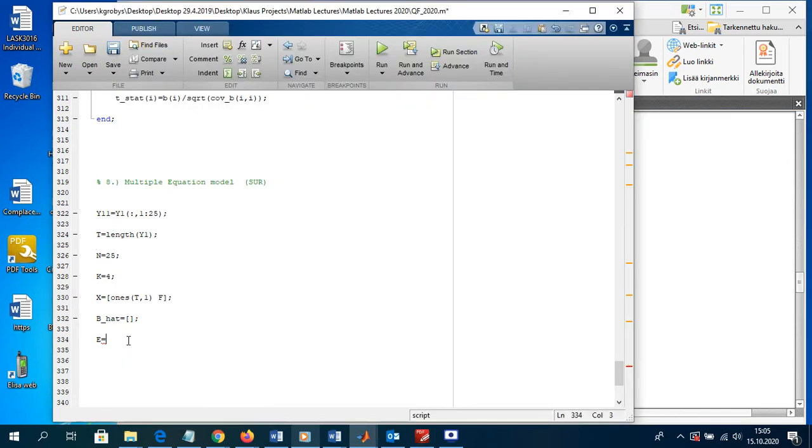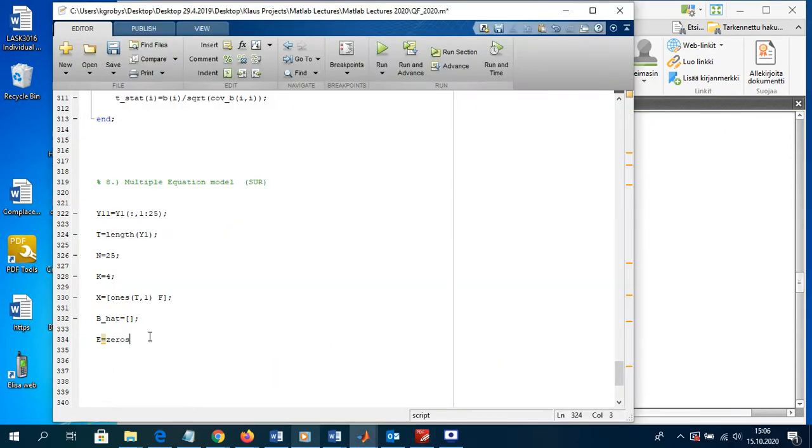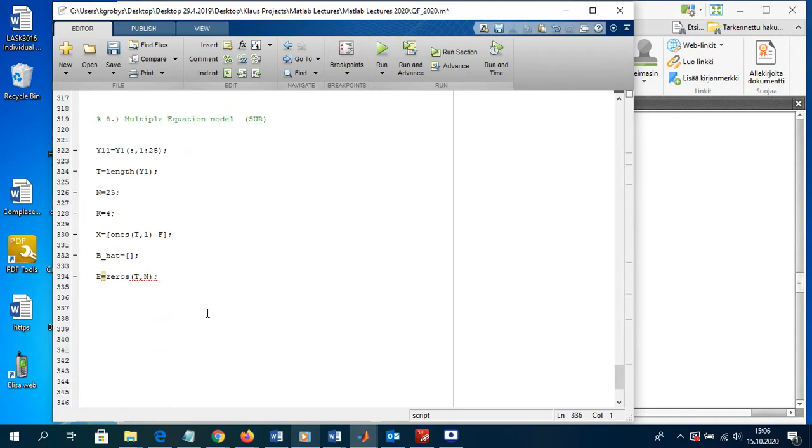So we need a matrix with T time series observations and N columns, because we have N stocks. In each column, we store the residual vector of each equation. So we want a zero matrix that has T rows and N columns.